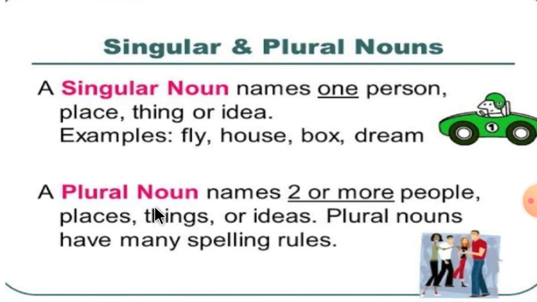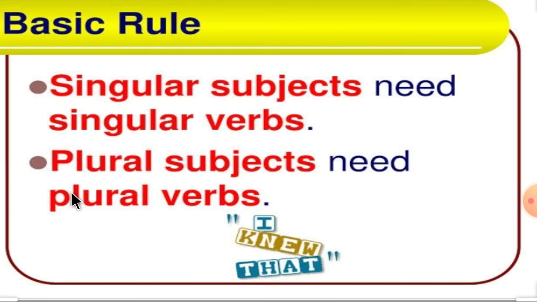A plural noun names two or more people, places, things or ideas. Plural nouns have many spelling rules. So let's see all the rules.